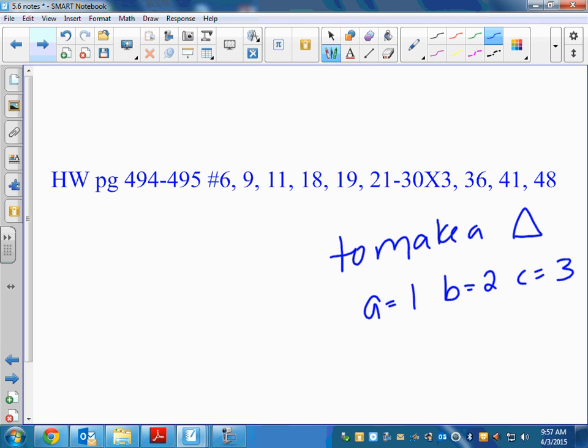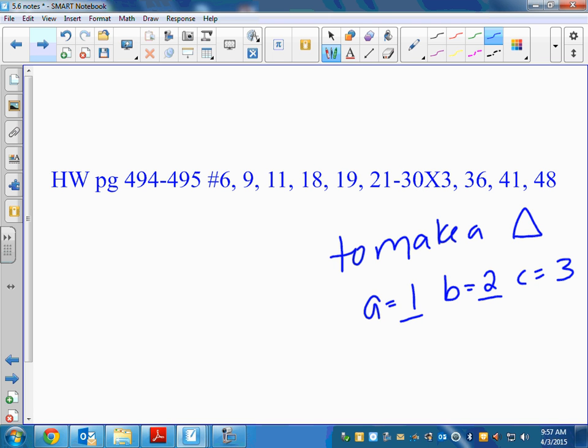If I said, find all the missing sides, 1, 2, 3. Those are all the sides already there. It's like a line. But you need to think through something. It doesn't really work because if two sides add up to not be bigger than the third side, it's not going to make a triangle. Does that make sense what I'm saying?